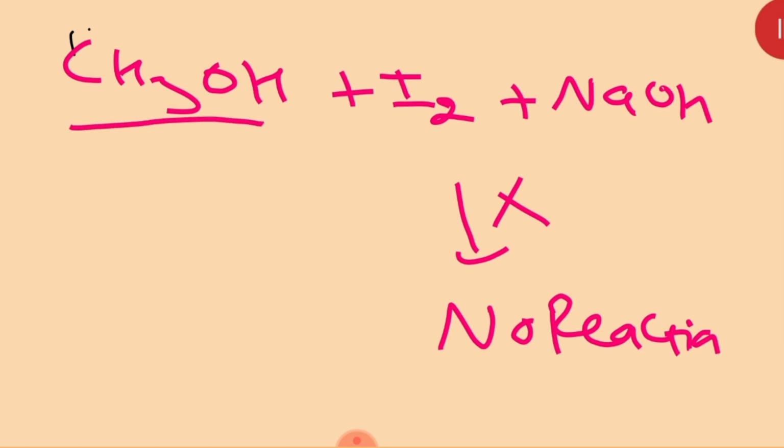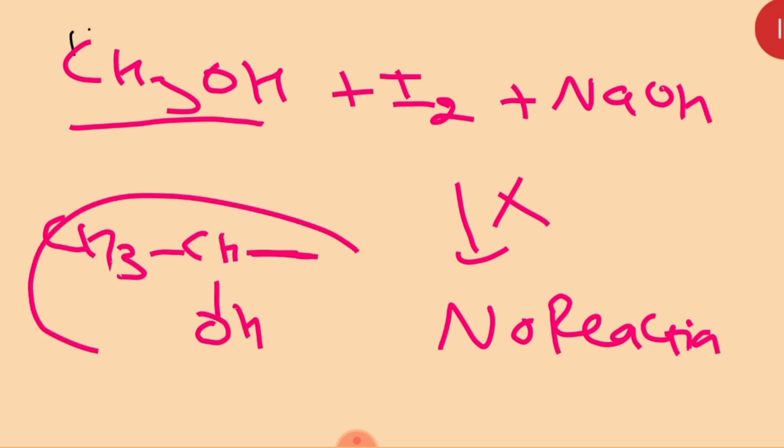What is required for the iodoform? CH3CHOH. Then only the iodoform test can be done. Students, some other reactions regarding the iodoform test we are going to do in the next chapter, but till then, remember these two examples. I hope you are getting my point about this iodoform test. Okay, students, thank you very much to all of you.